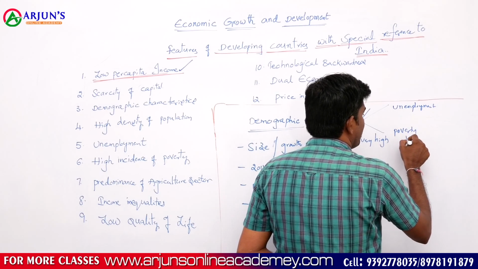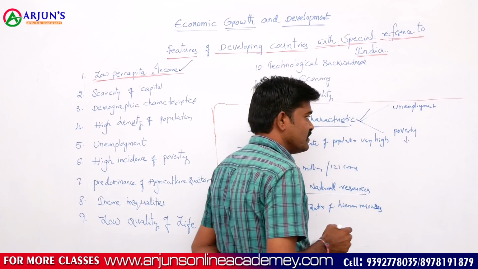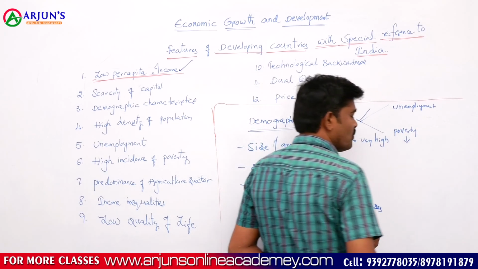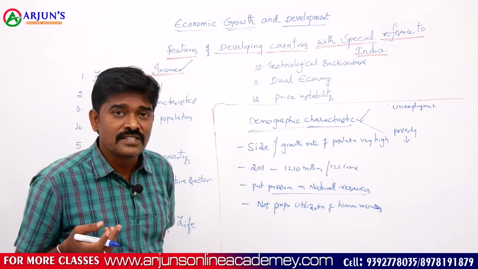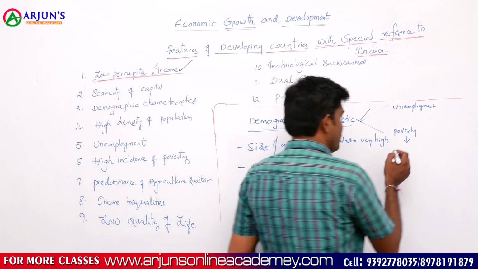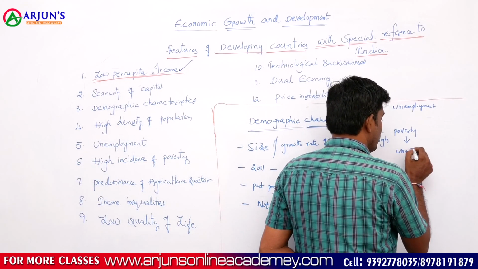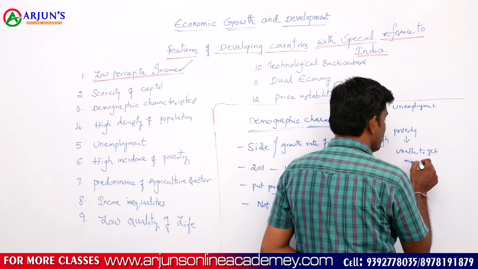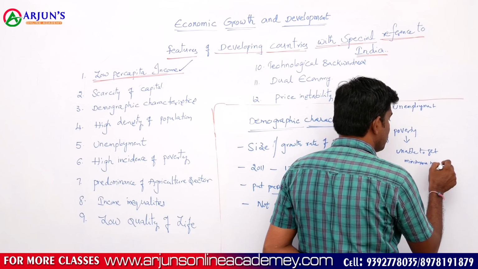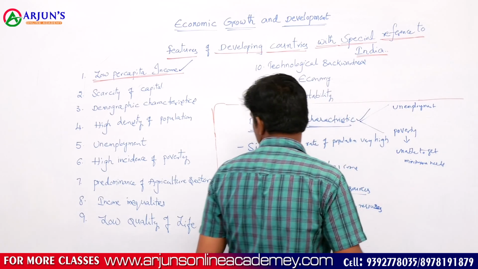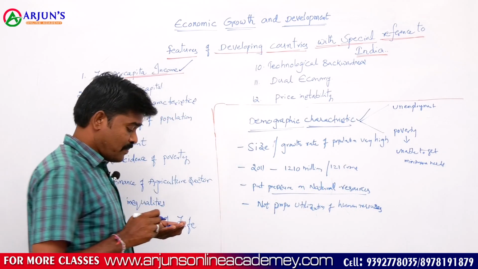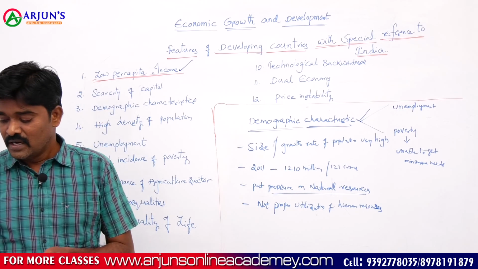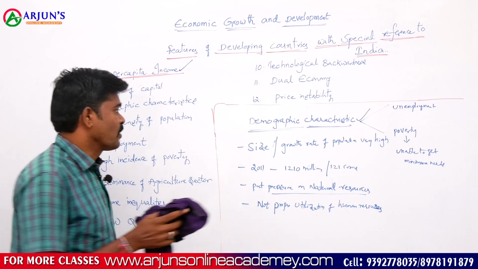Whenever there is poverty, we can understand the situation of the people. That means they are unable to get the minimum needs of life. It leads to malnutrition. These are other important character features of the demographic character of a developing economy.